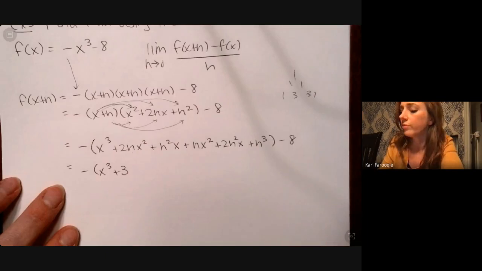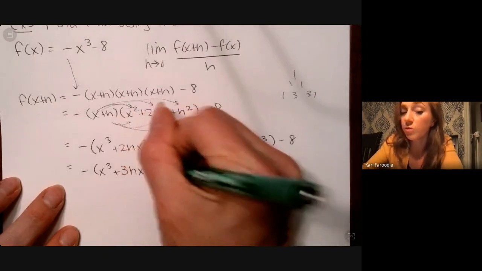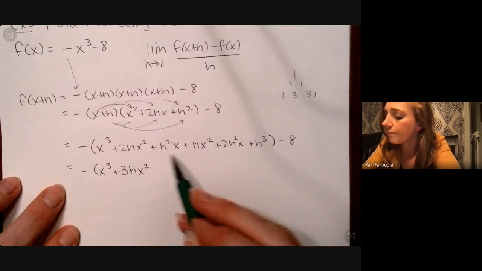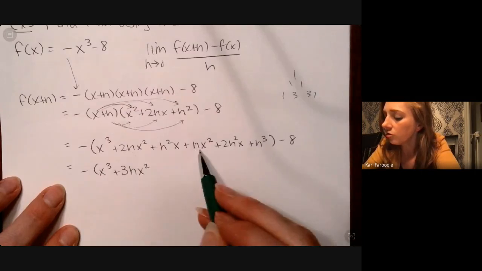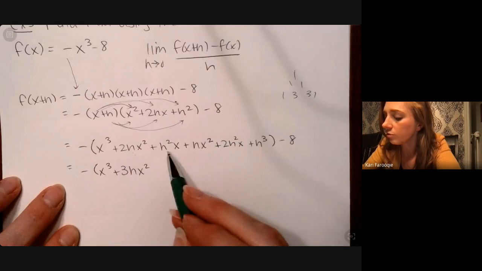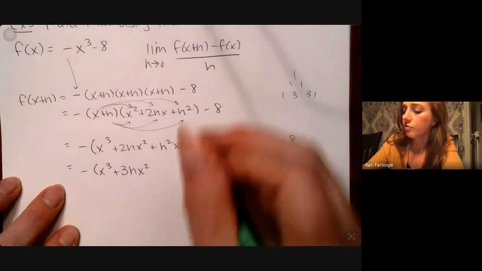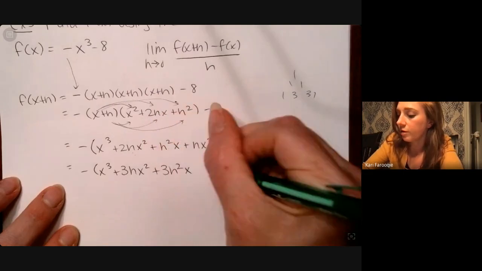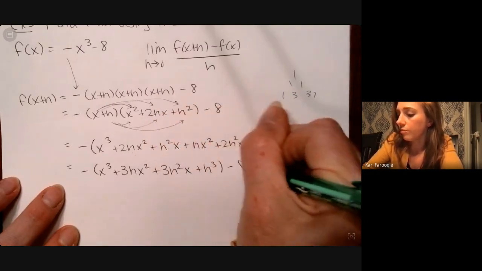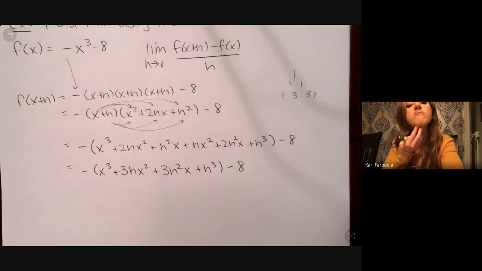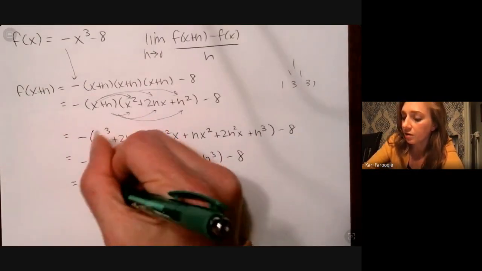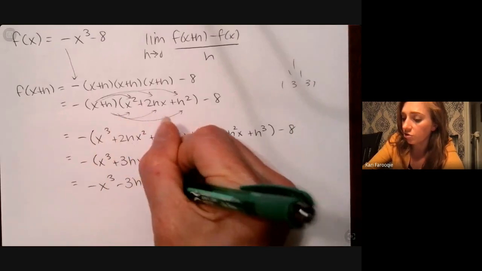Algebra 2? Oh, well. Some of you will remember. Usually have at least a couple who do. So we had hx squared. We had 3 of those, and then we have 3 h squared x's. And then h cubed, and then minus 8. And then multiply in that negative. Negative x cubed minus 3hx squared.